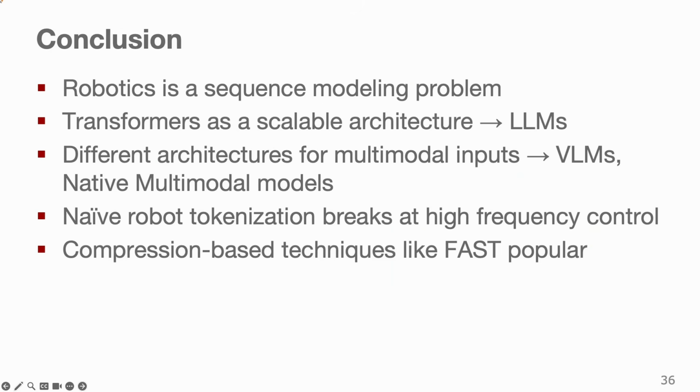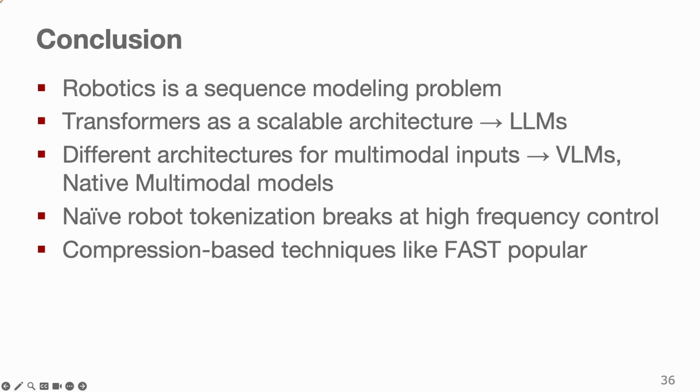All right, so to conclude today, we started with a simple observation. Reactive policies are fundamentally limited because one snapshot of the world can't capture the full state, right? And independent per-step decisions produce jittery behavior.